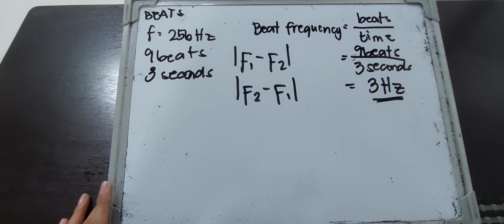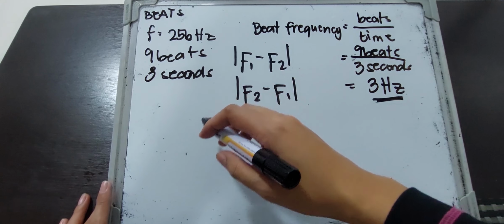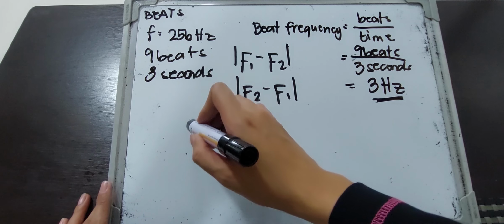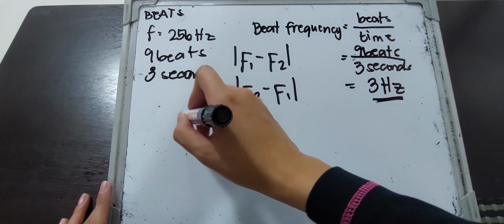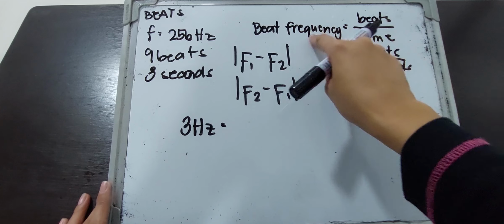Anything will do kasi possible na dalawa yung sagot natin dito. So, let us use this formula. So, beat frequency is equals to 3 Hertz. Ito yon.